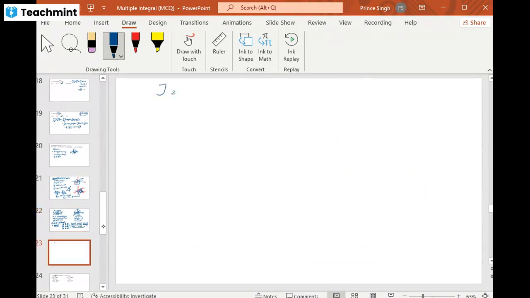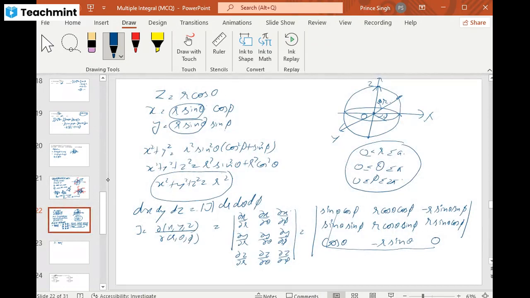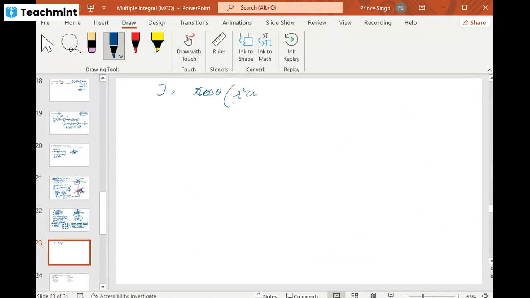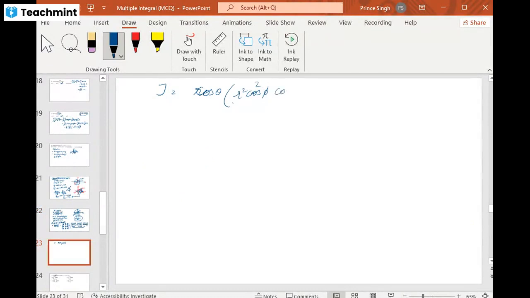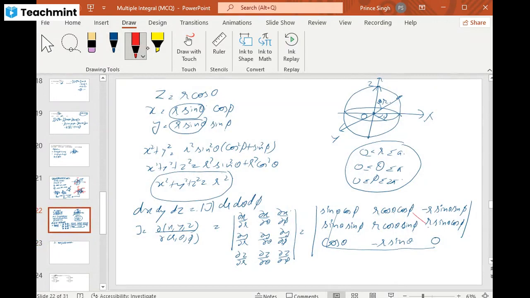So the Jacobian of transformation is equal to cos theta into this: r cos phi is common, r cos phi into r cos phi, it is r square cos square phi, into cos theta sin theta, minus this into this minus this into this. Here r sin phi is common.